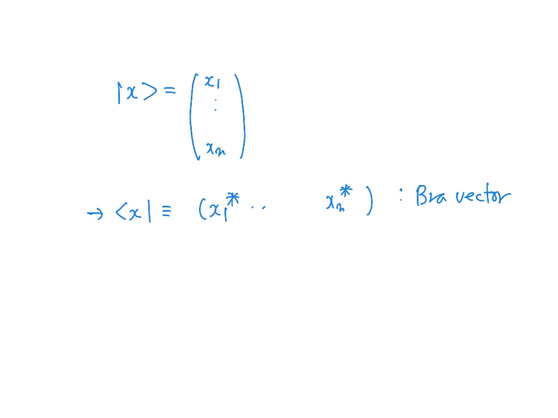So the bra vector is actually a 1 by n row vector, and the ket vector is a column vector. And actually it is obtained from this.